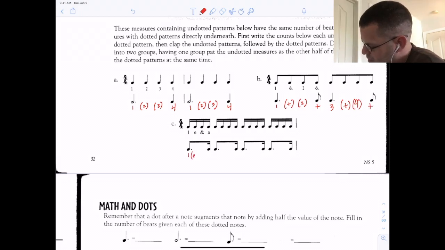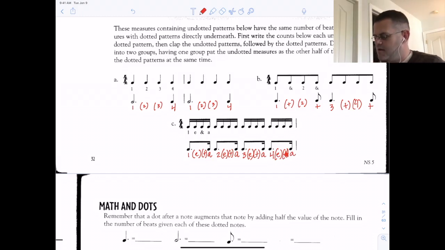Here we have 1 e and a. I'm sorry, eraser. There we go. 1 e and that is the 2 e and 3 e and 4 e and.